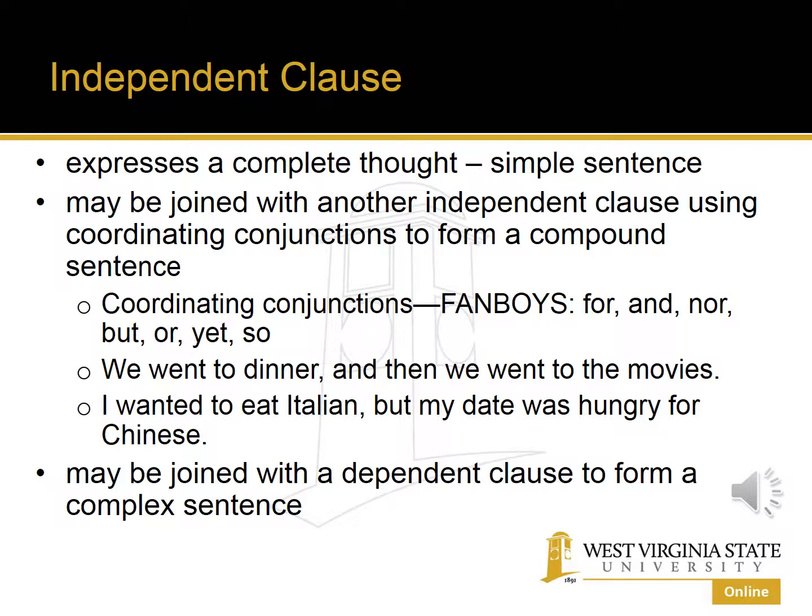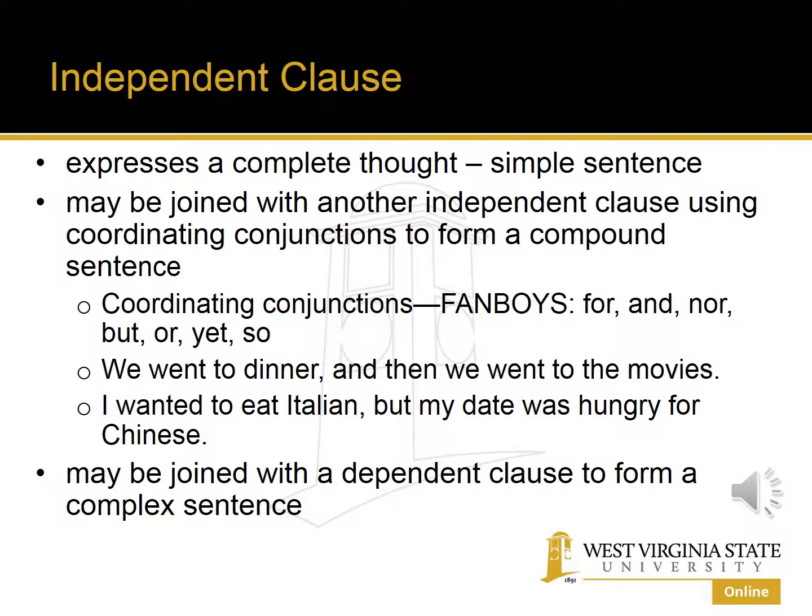That is a run-on sentence. You need a coordinating conjunction to combine those two sentences into a compound sentence. So we need after dinner a comma, and then we have the coordinating conjunction and, then the adverb then, and then the second independent clause, we went to the movies.